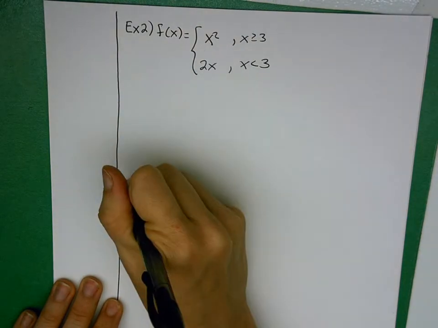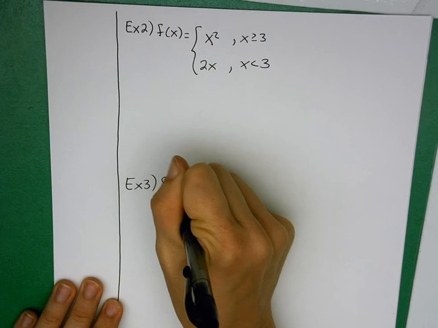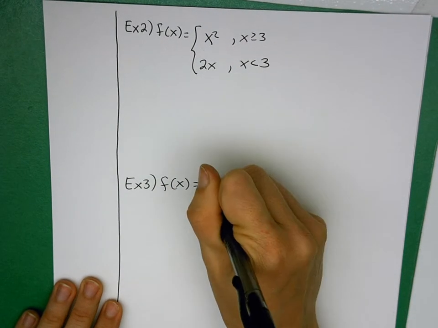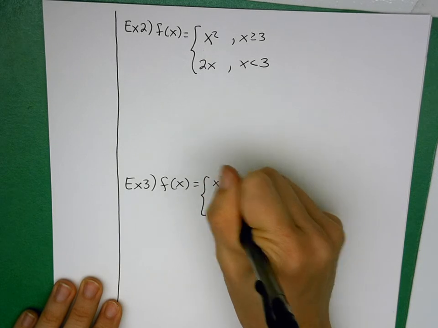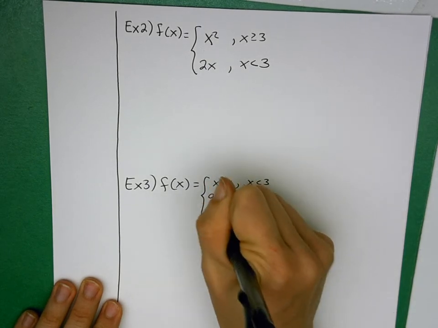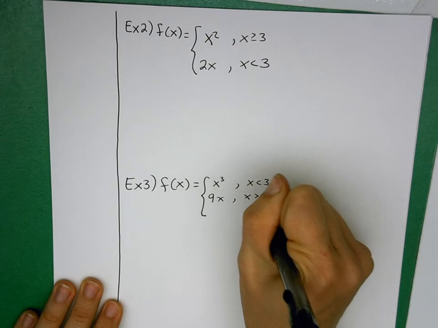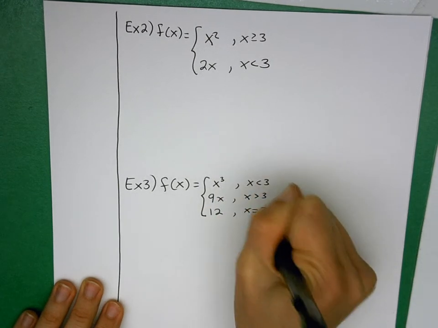Okay, I'm going to leave some space here so I can put in some work. Example 3 is also going to be a piecewise. Example 3 is going to be x cubed when x is less than 3, 9x when x is greater than 3, and 12 when x equals 3.